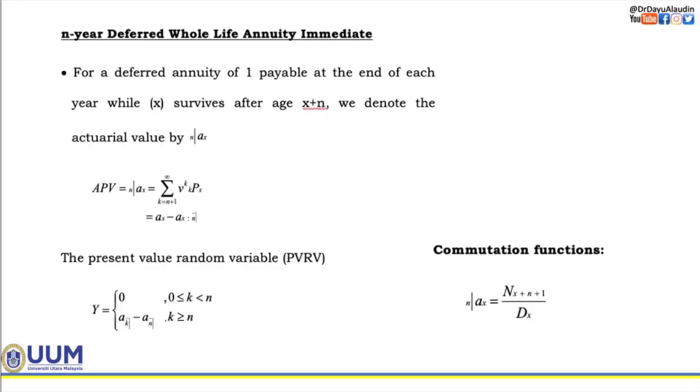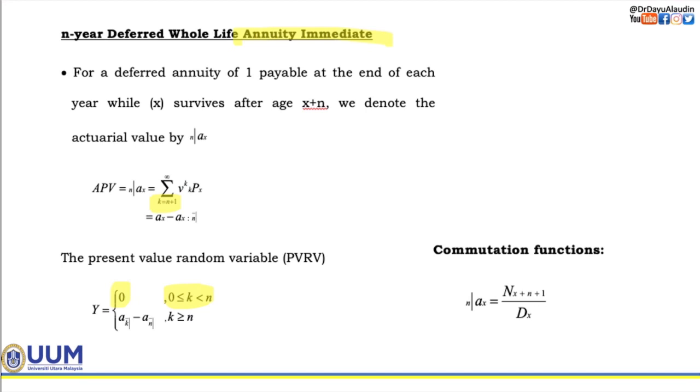So for annuity immediate, it is still the same as annuity due, but K starts from n plus 1. For due, we start from n. So if the death happened before n years, no payment will be made.